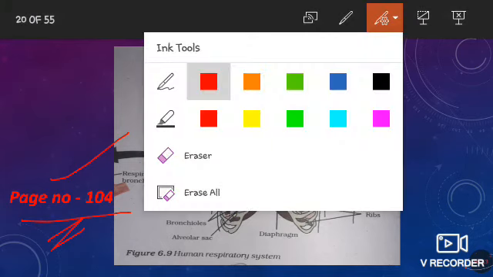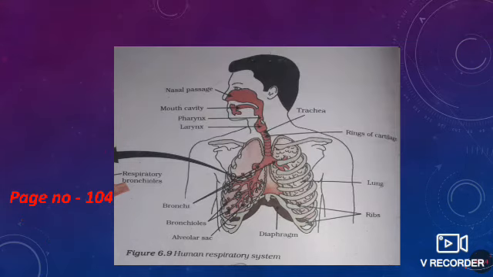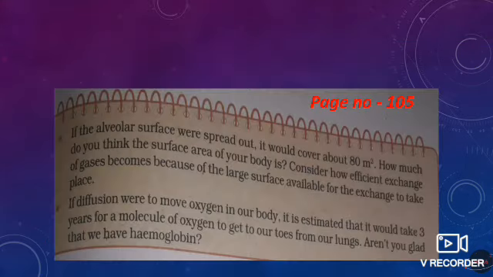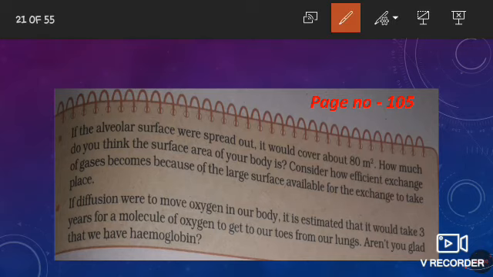Now, there is one more piece of information related to alveoli given in the NCERT book on page number 105. You may have missed it, so please pay attention to it also. In this part, statements are given for the alveoli region. As you can see, the alveoli space can cover about 80 meters square.